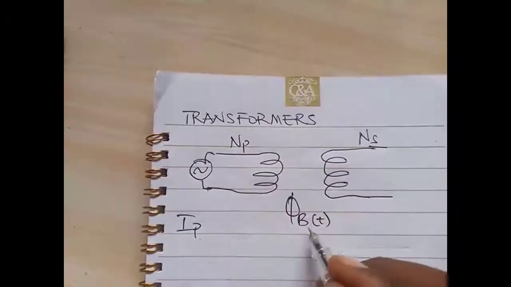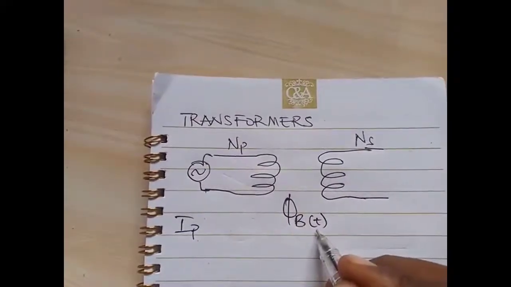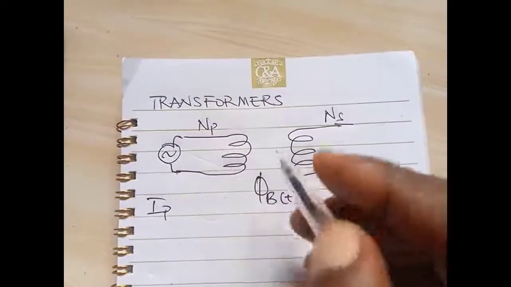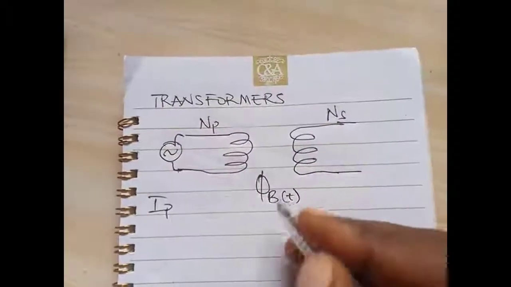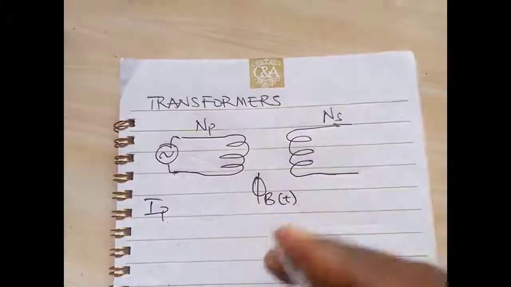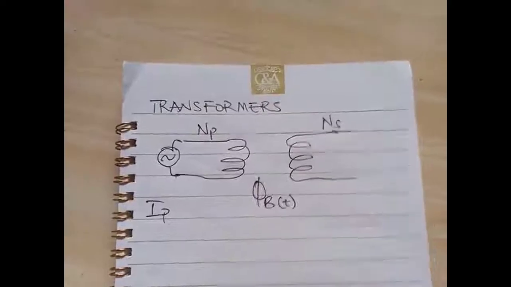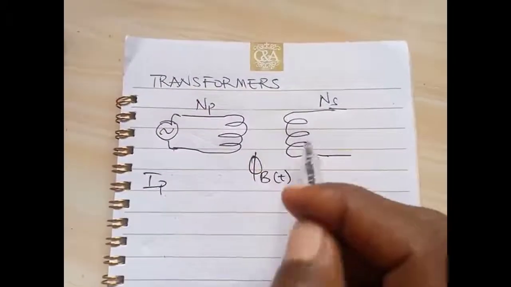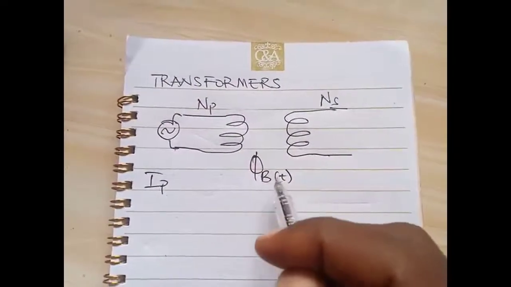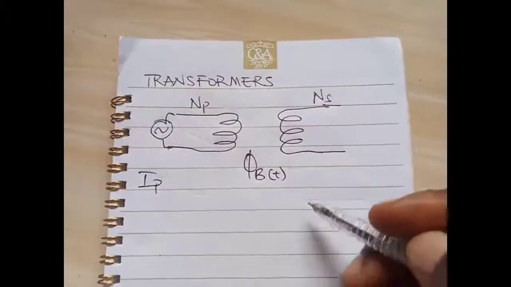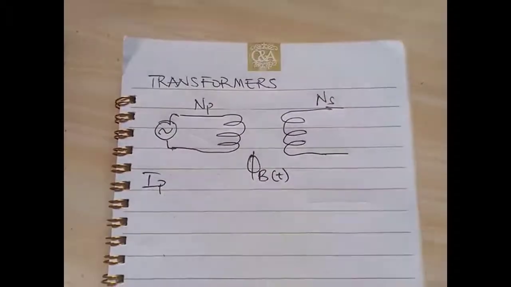with respect to time in the core, upon which both the primary and secondary coils are wound. Now, this changing magnetic flux induces an AC voltage of the same frequency in this secondary coil.